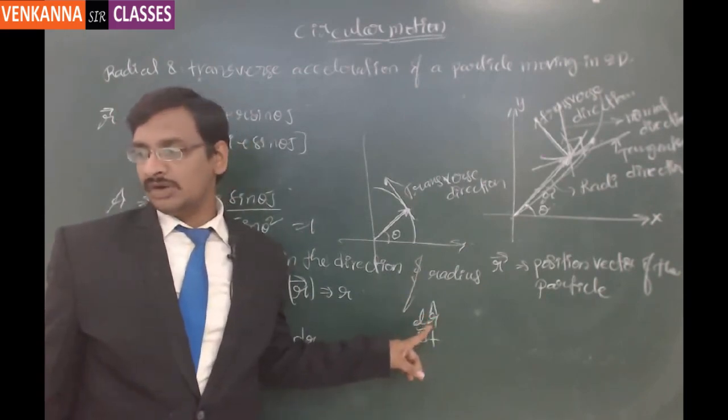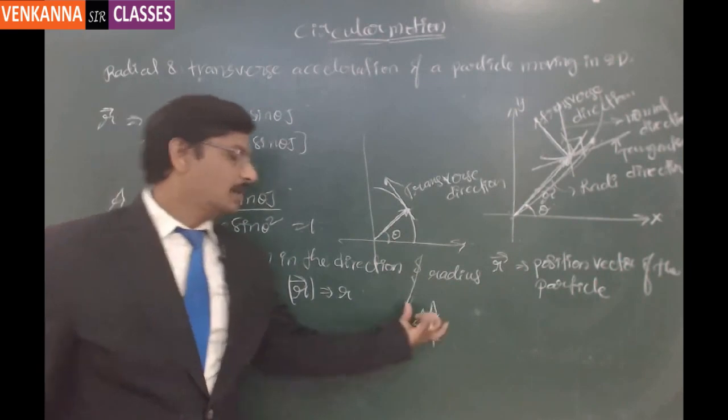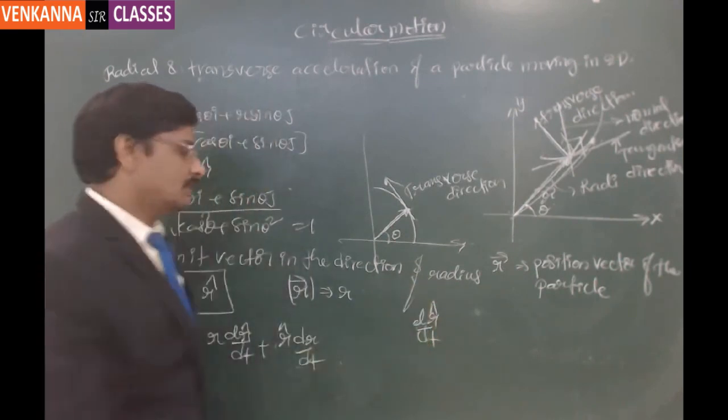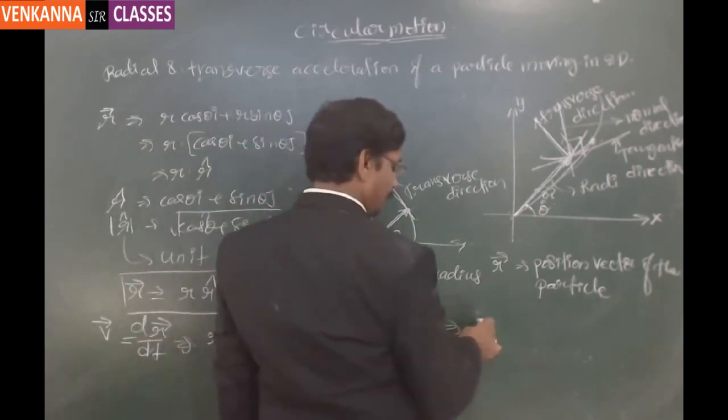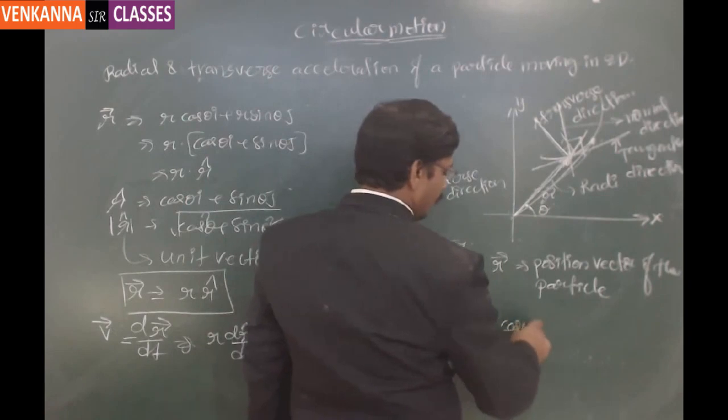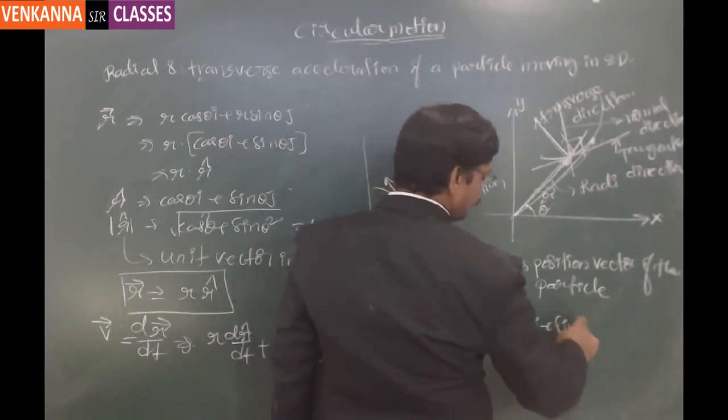The derivative of a direction is a little complicated. Rather than that, if I can bring in some factor with some direction, that will be easier for us. So dr cap by dt equals d by dt of cos theta i + sin theta j.